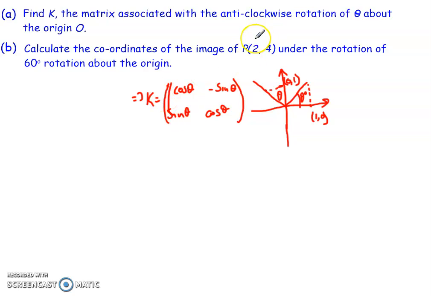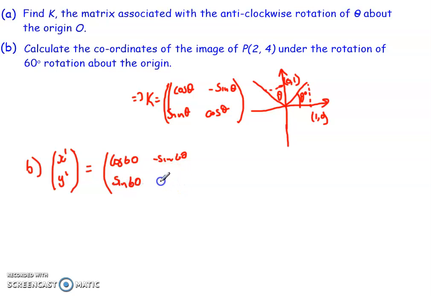So that there is the transformation matrix associated with any anticlockwise rotation about the origin of a set number of degrees theta. For example, if I took P for part B and it was (2, 4), and I'm rotating by 60 degrees, I'd have my x dash, y dash as my new point. That would be the equivalent of (cos 60, -sin 60; sin 60, cos 60) multiplying that original point as a column matrix, (2, 4).